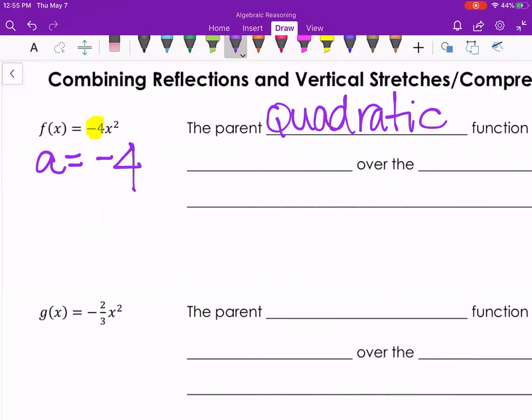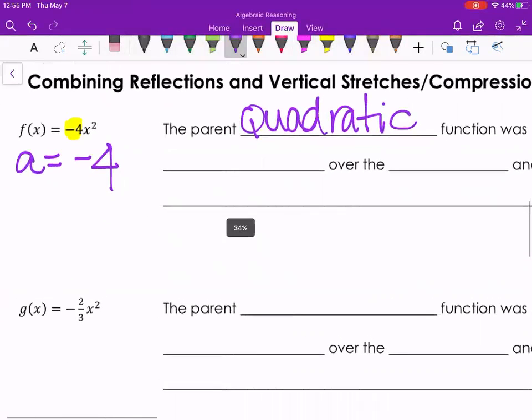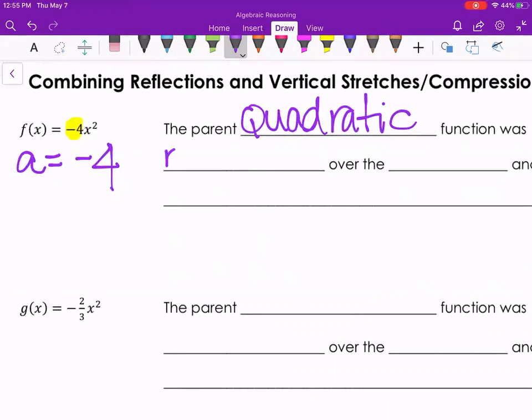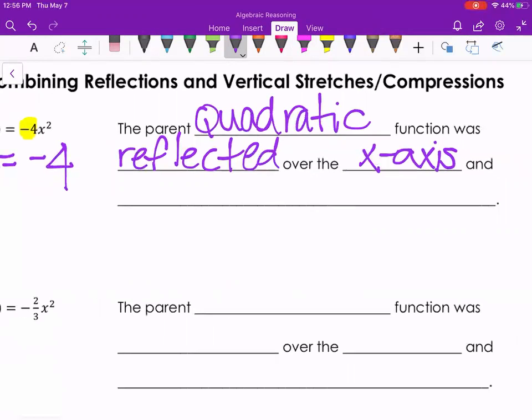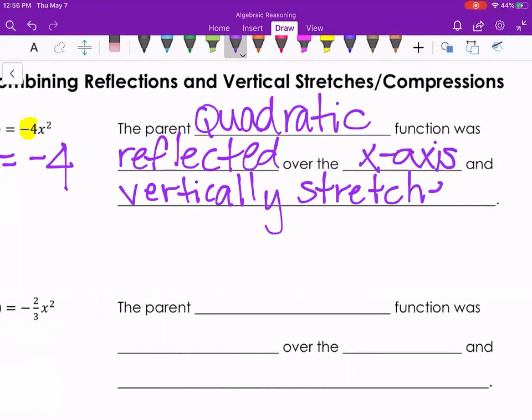So again, the negative part takes care of the reflection. So it was reflected over the x-axis. That's for the negative part. And then I need the 4. 4 is bigger than 1, so it was vertically stretched by 4. So we're putting everything together now.